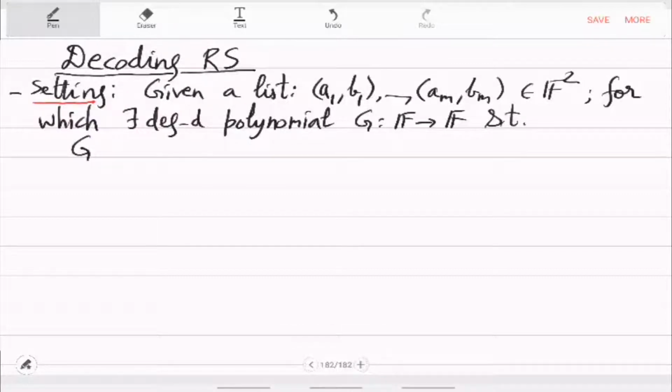And remember that g is unique as well. So, let me write that here: for which there exists a unique polynomial such that g(ai) is bi for t of the pairs.